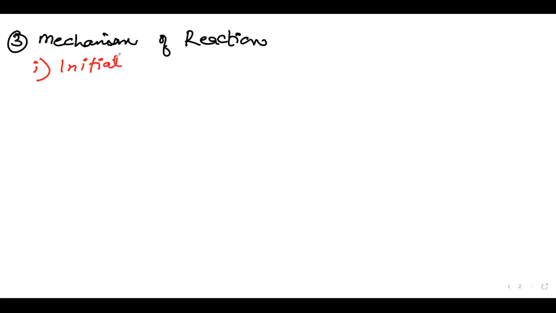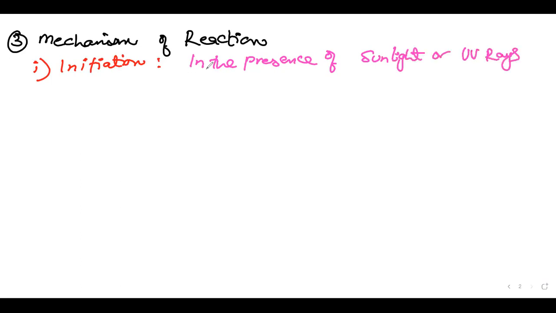First step is initiation, and you say in the presence of sunlight or UV rays, Cl2 bond breaks homolytically.